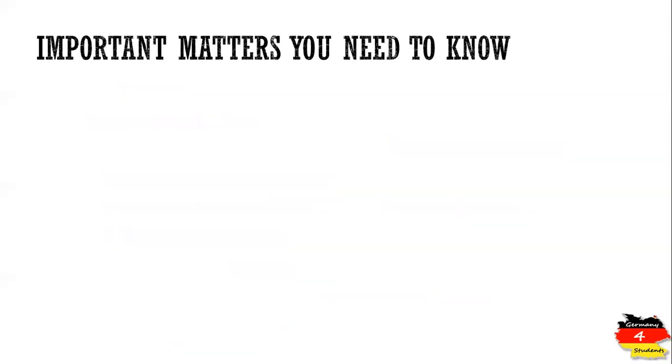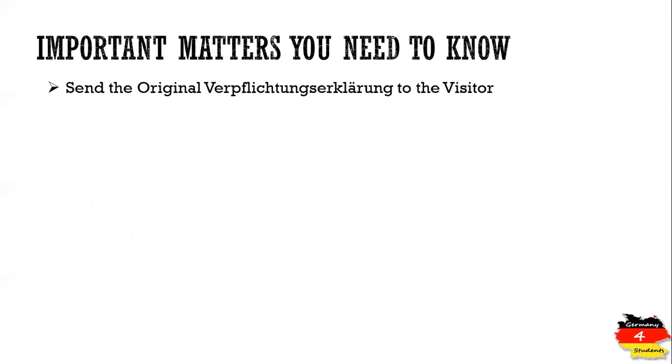Now, there are some important matters that are important for you to understand and know. You will be given the Verpflichtungserklärung as an applicant, because you will be applying for this document.